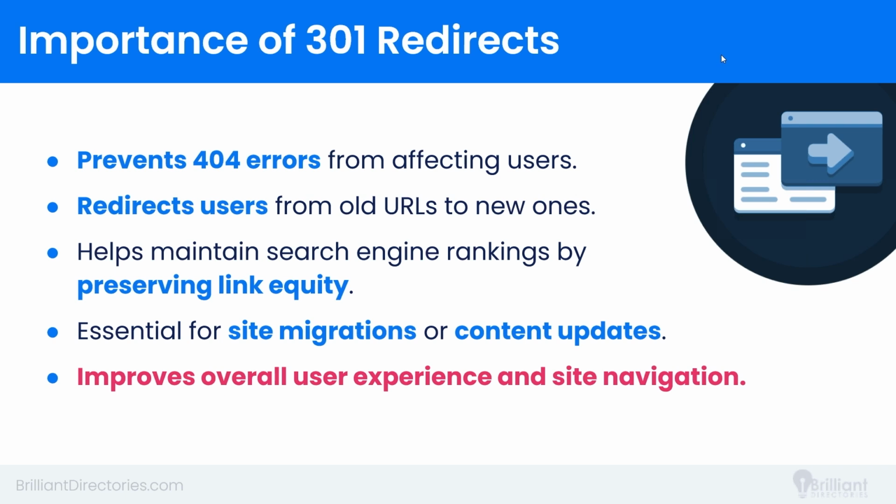So it kind of goes hand in hand with 404 error pages, which is why we wanted to mention these briefly here. Yeah, the way I see 301 redirects, it's like traffic control. You know, we had a blog article that was ranking really well, and it had a specific URL, but we learned that if we add the word best into the URL, so it was like best directory, blah, blah, blah, in the URL, it would actually maybe help ranking down the line, but it's going to effectively change the old URL.